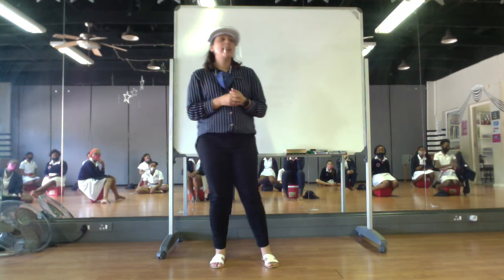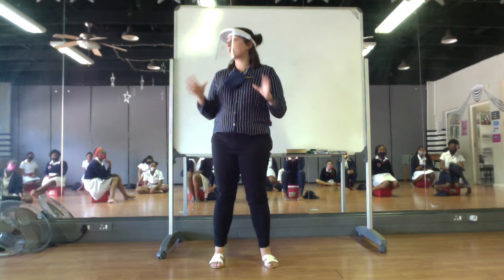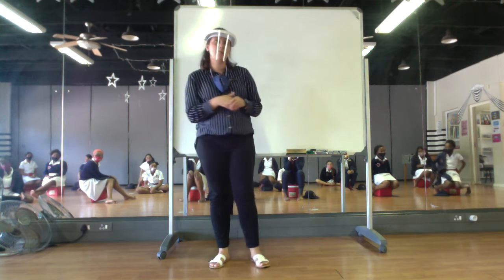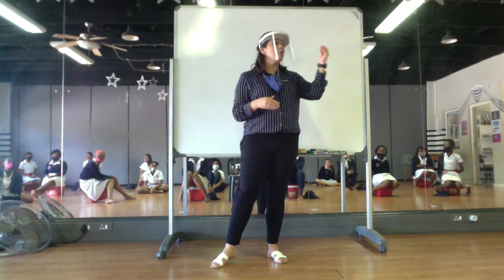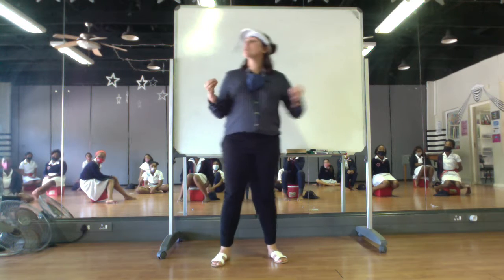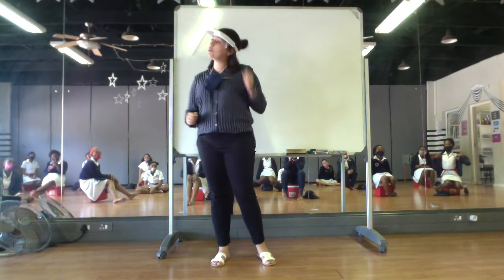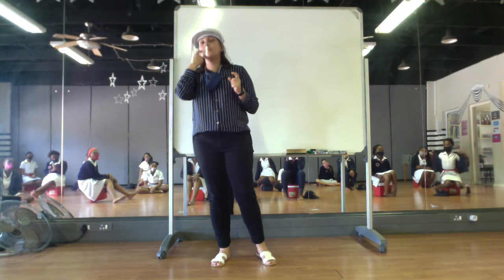What we're going to be looking at today is, number 1, we're going to break up into groups. You are going to create your own dramatic movement piece with your own theme. So you as a group are going to decide on your own theme. You're not going to use the same one we used, or any of my examples.